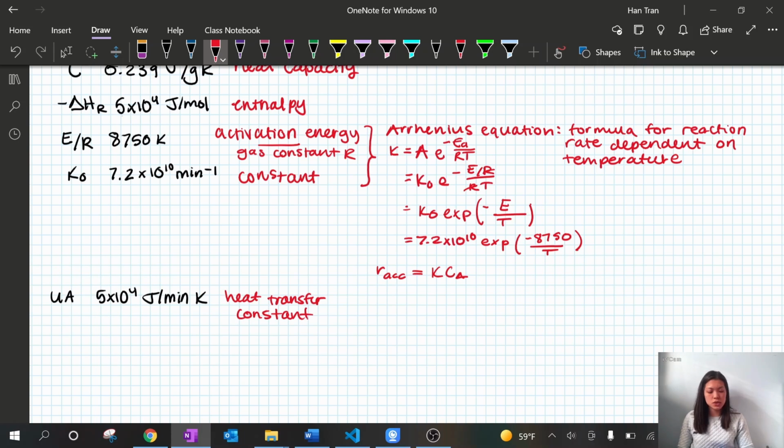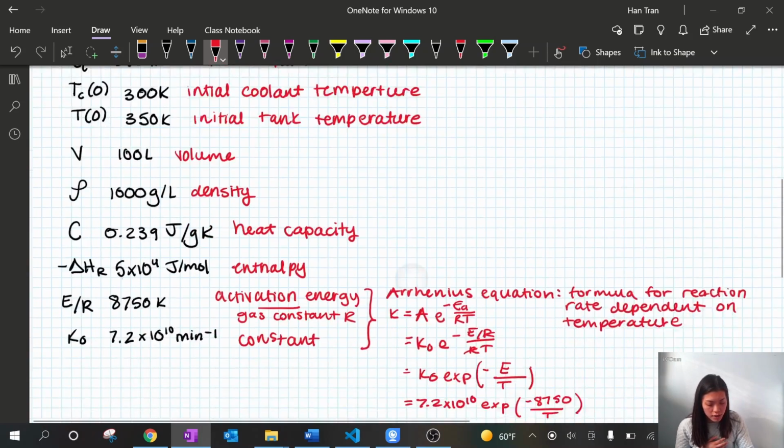And so what this heat transfer constant is, it's the constant for the transfer of heat between the tank and the cooling jacket. And when we are dealing with a transfer of heat, it is because there is a difference in temperature between two objects, and so it is dependent on that difference. And so we're going to do the heat transfer constant multiplied by the difference. So we'll have the temperature of the tank minus the temperature of the coolant.